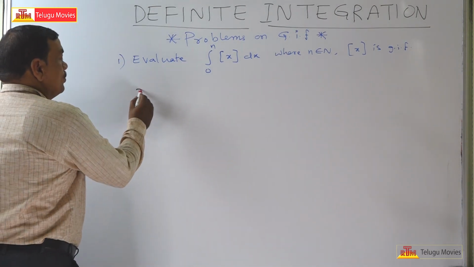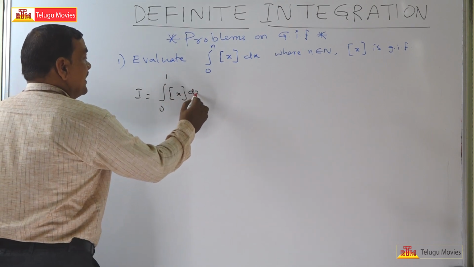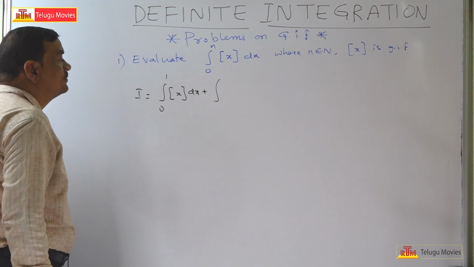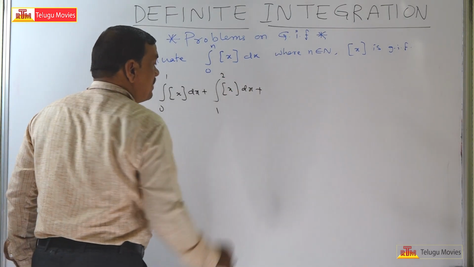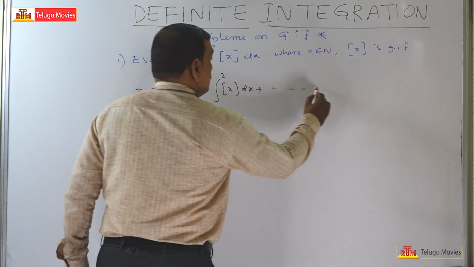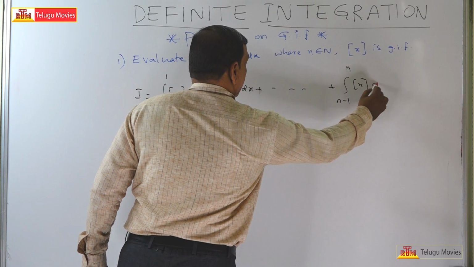So this is equal to integral 0 to 1 of [x] dx plus 1 to 2 of [x] dx plus so on, last n minus 1 to n of [x] dx.